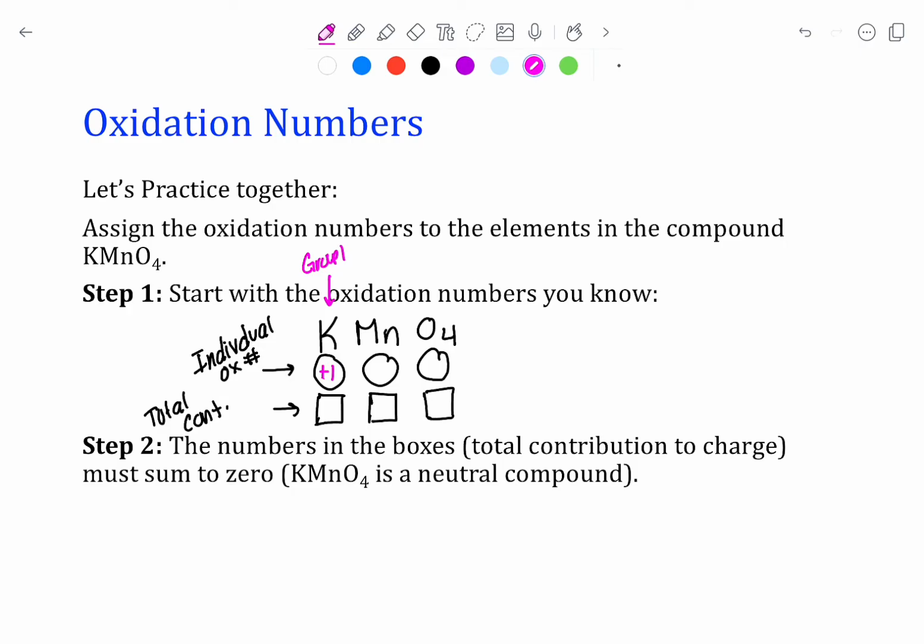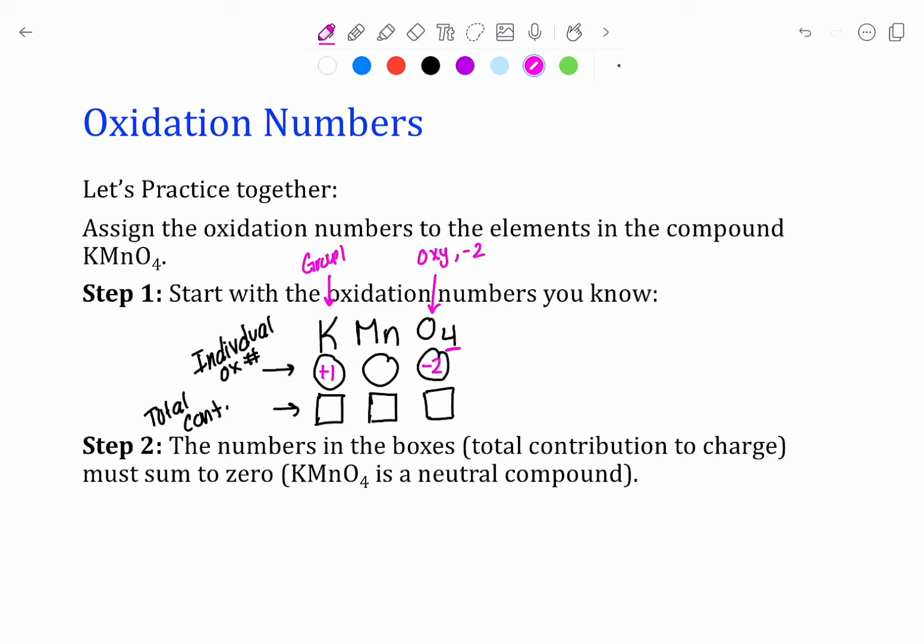We don't know manganese. We don't have any rules for manganese, but we do have a rule for oxygen. Oxygen will always have a -2. So that's just for one individual oxygen atom, so we put that in the circle. In KMnO4, there are 4 oxygens.